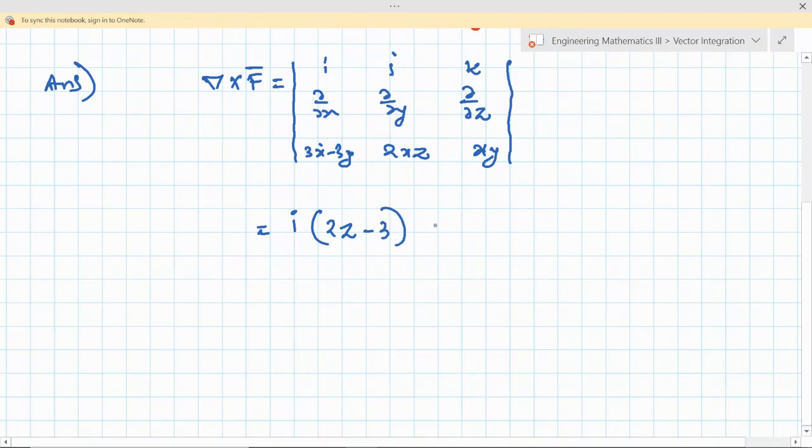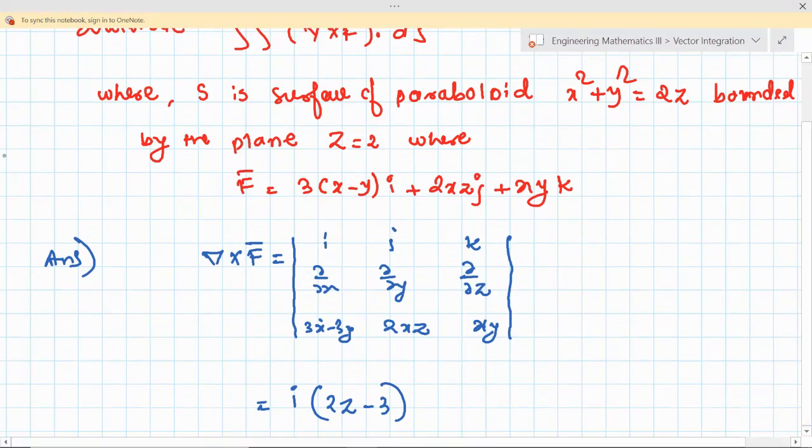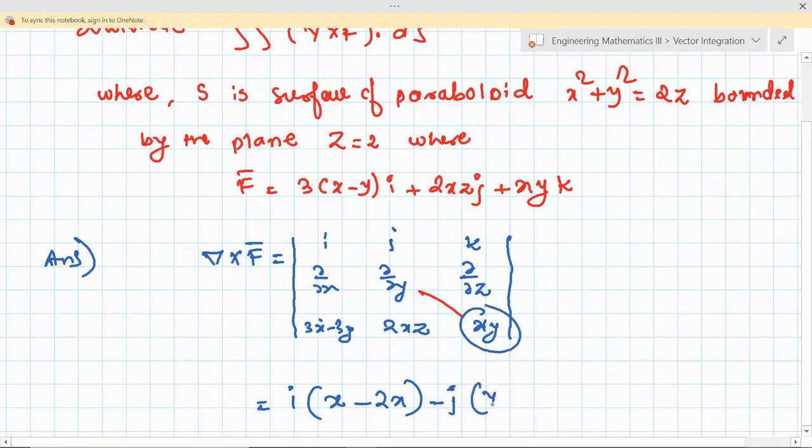So the i component is x minus 2x. Now for j, the partial derivative of xy with respect to x is y, minus the partial derivative of 3x minus y with respect to z, which is 0.